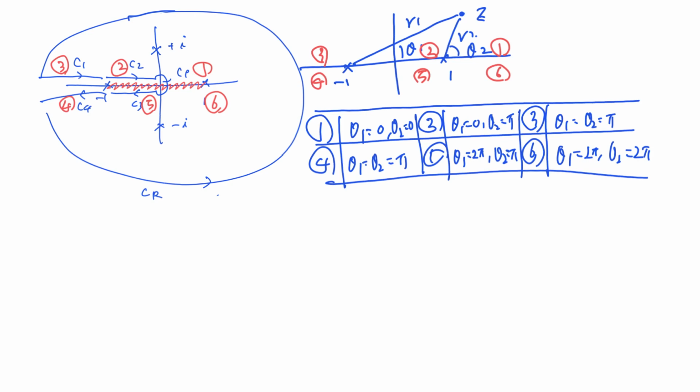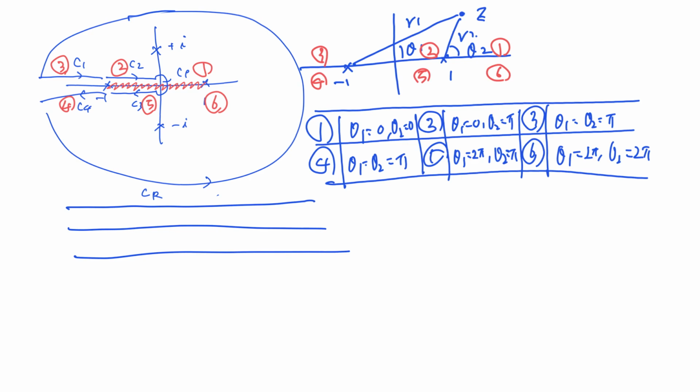Okay. So we need to have a half angle. Finally, it's half angle. Theta 1 plus theta 2 over 2.